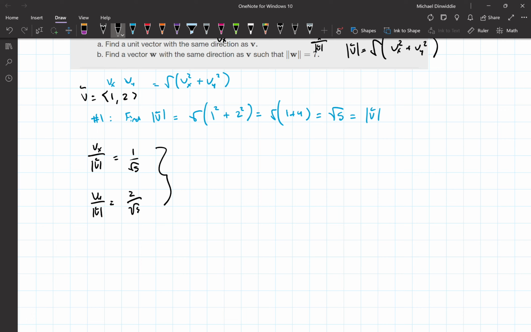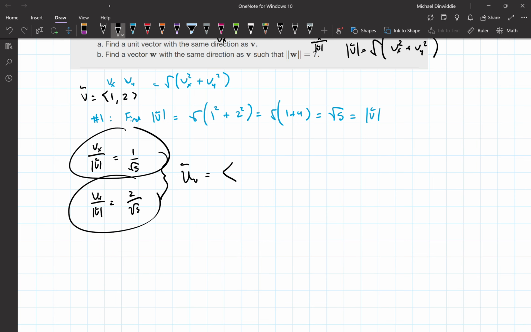And so the total unit vector, uv, is equal to, remember, x and y first. These are the new components of our unit vector, which we could almost think of as ux and uy. So the x component first, 1 over square root of 5, comma, 2 over square root of 5.